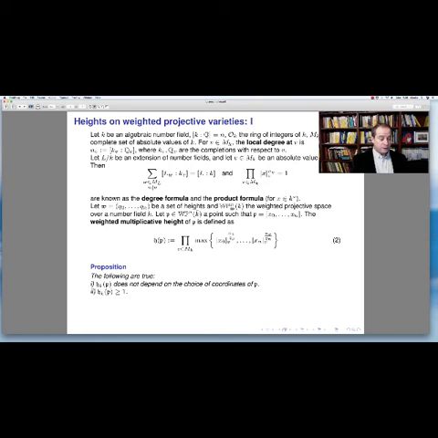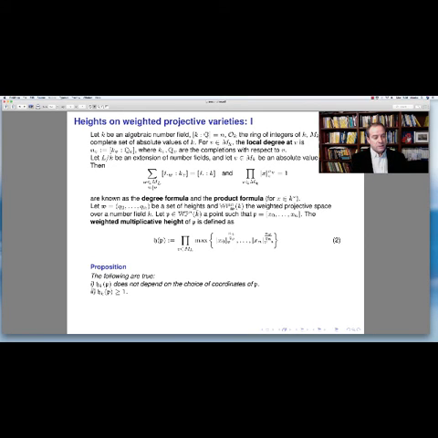The height is now defined as the product, as the places move over the absolute values, of the maximum of each coordinate to the power n_v over qi, where n_v is the degree of the completion and qi is the weight. Notice this is really similar to the height in projective space, where all the qi's are equal to 1, and in that case it is exactly the same.